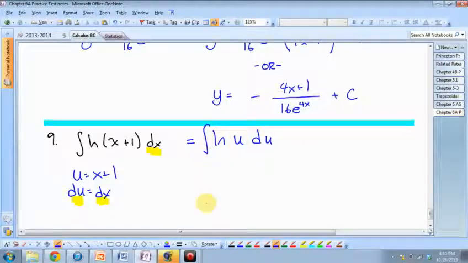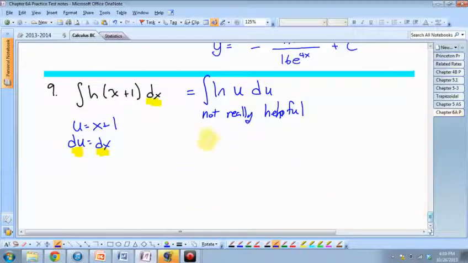That doesn't really help any, right? Not much different. Not really helpful. Of course, unless you've memorized your antiderivative of natural log of u. Which is the tan thing. No, not the tan thing. Okay, so this is not a dead end, but this is a bad choice.